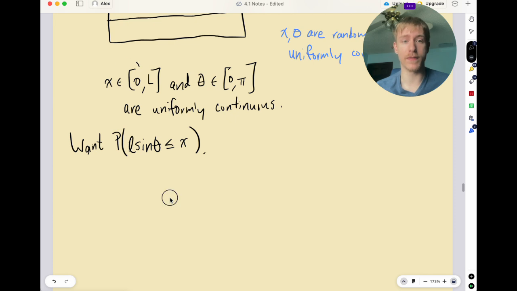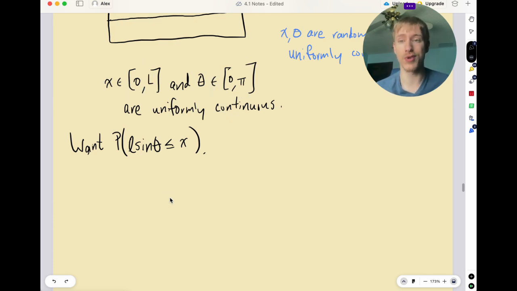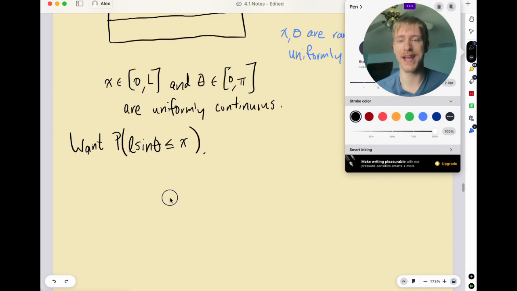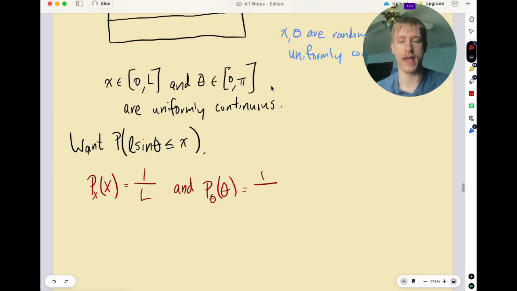Note that these random variables each have probability distribution functions, which we can go ahead and write down. So we know that p_x of x is just going to be 1 over this distance, which is L. And the probability distribution for theta is just going to be 1 over this distance, which is pi.